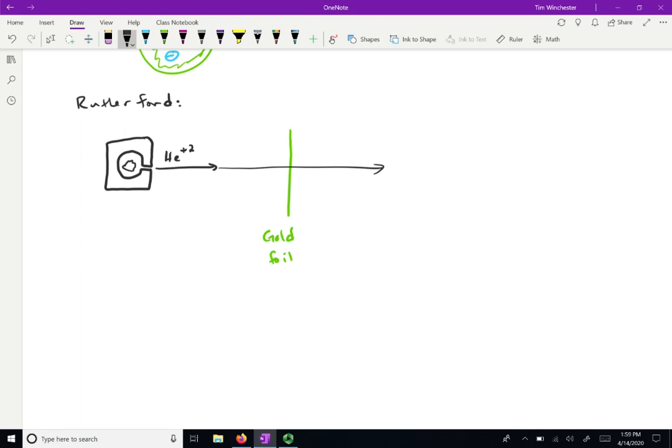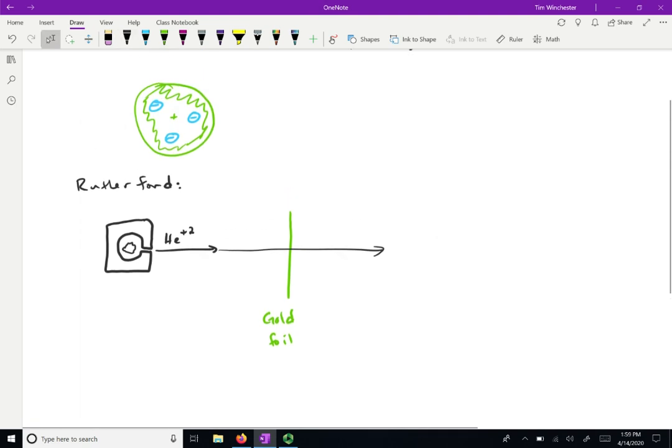According to the Thomson model for an atom, what you would expect is that maybe these nuclei go through and are deflected a little bit as they move pretty close to one of these electrons. So you expect some small adjustment based on that, and essentially some small distribution of where these things go.